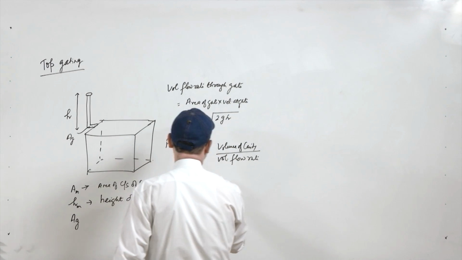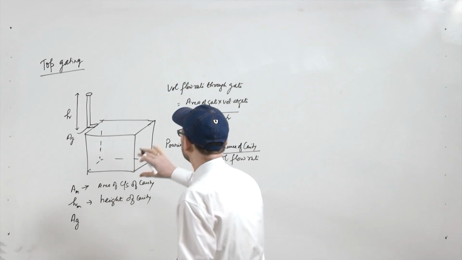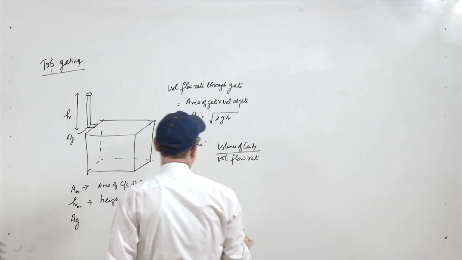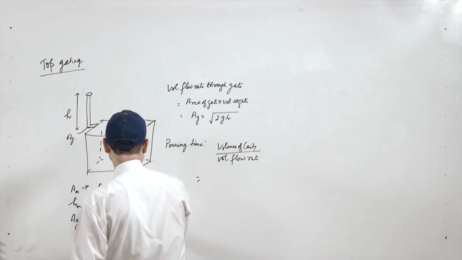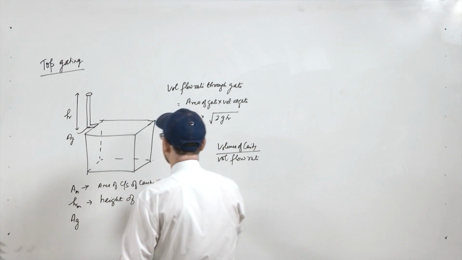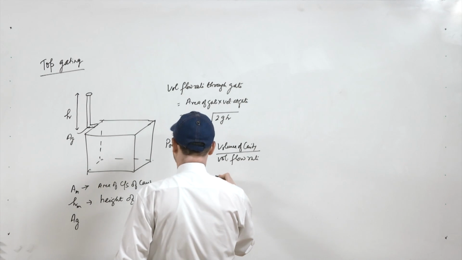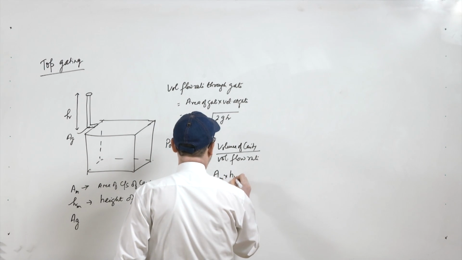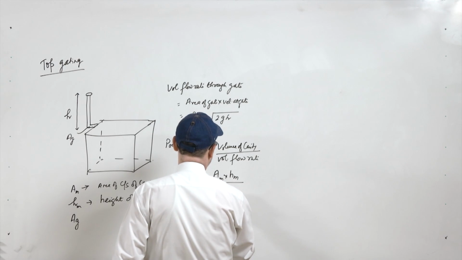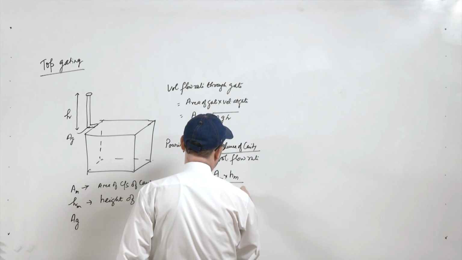Once you know the volume of the cavity which is to be filled, where M represents the metal basically, this will be AM into HM upon AG into root 2gH.